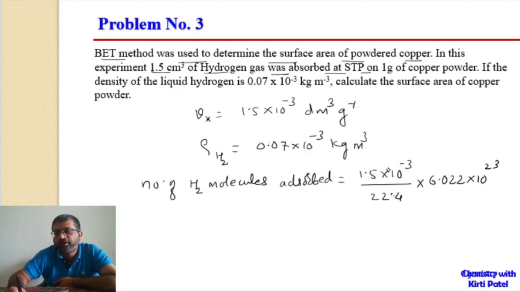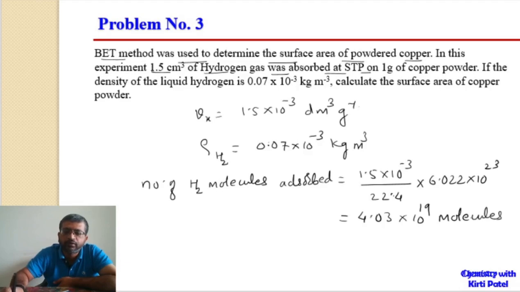So this will give us the number of molecules of hydrogen adsorbed over 1 gram of copper powder for formation of monolayer. This, when we calculate, will give us 4.03 into 10 raised to 19 molecules. Now this is the number of molecules.